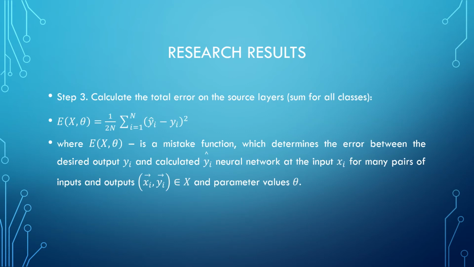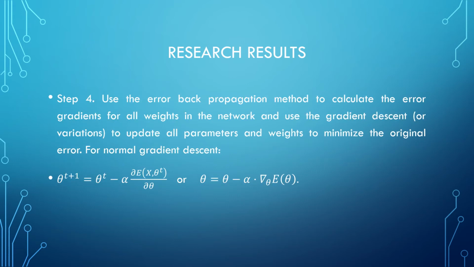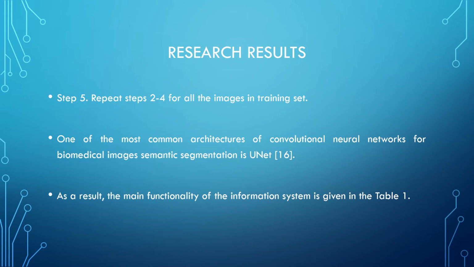Step 3. Calculate the total error on the output layers. Step 4. Use the error backpropagation method to calculate the error gradient for all weights in the network, and use the gradient descent to update all parameters and weights to minimize the original error. Step 5. Repeat steps 2, 3, and 4 for all the images in the training set.